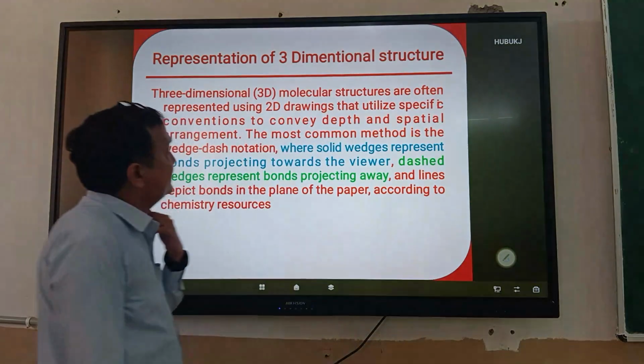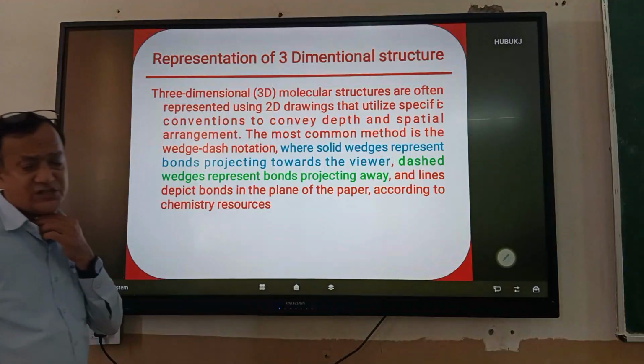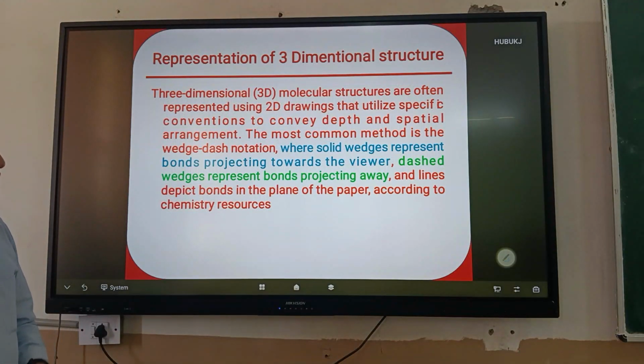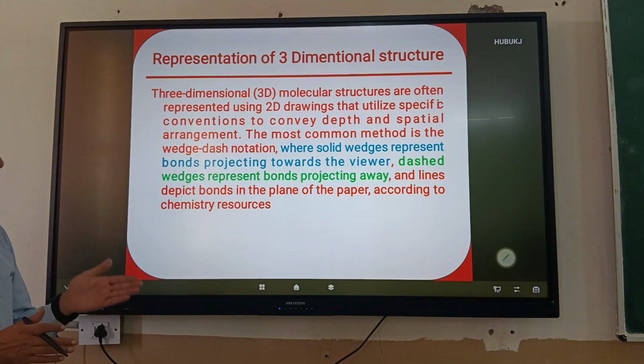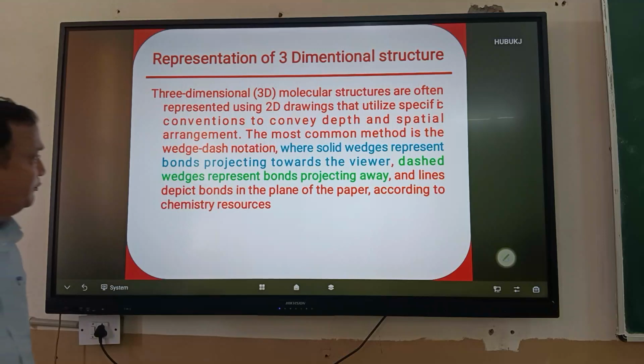So now the question arises: how can you represent the structure in 3 dimensions? Stereochemistry simply means the representation of any molecule in 3 dimensions. You have to represent the structure of any molecule in 2D, and the structure must show its 3D appearance.